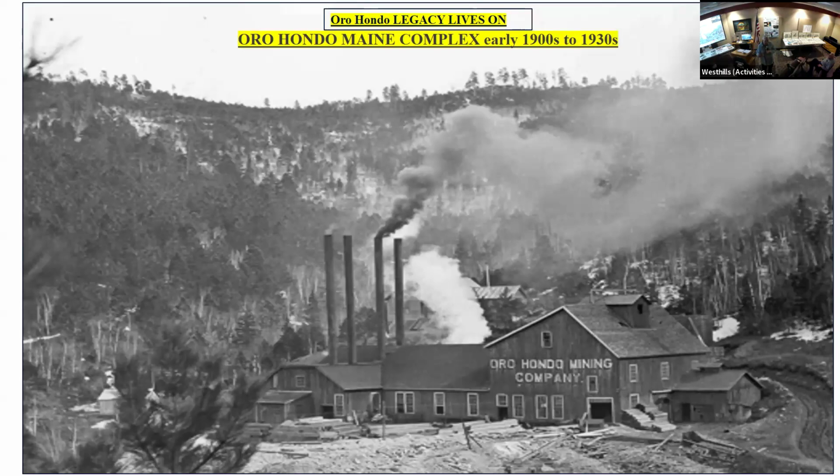They knew about main ledge, but they didn't know quite where it was. But they only missed 9 ledge by a few hundred feet. And if they'd have just gone a little bit further deeper or drifted out a few more 100 feet, they'd have hit the mother lode, so to speak, and been able to stop Homestake from expanding into that area. But that's why it's called Oro Hondo.